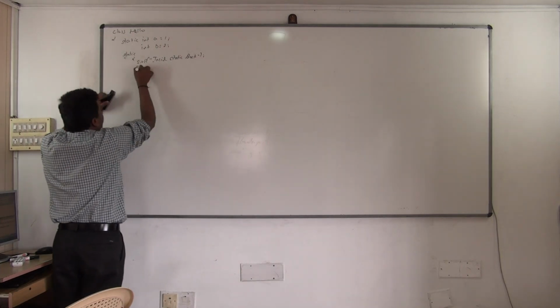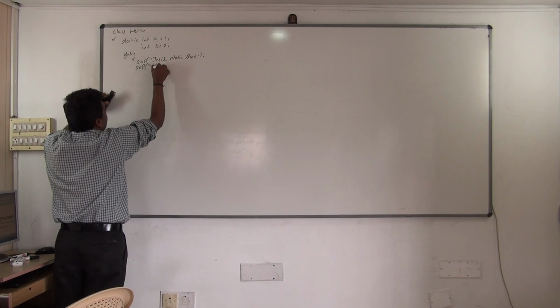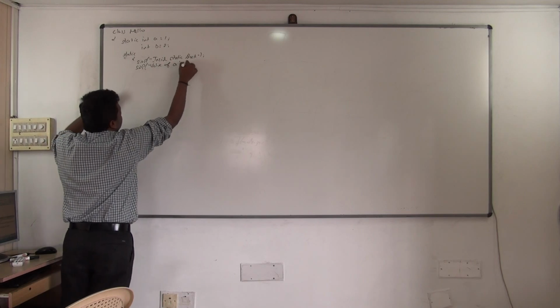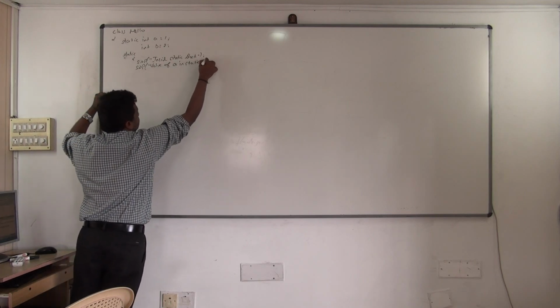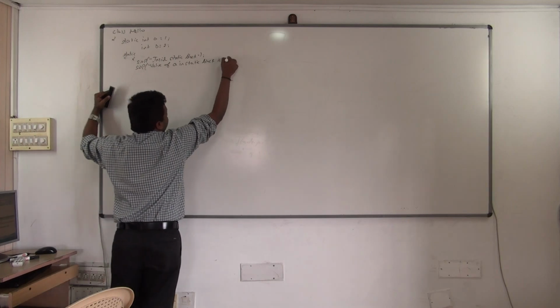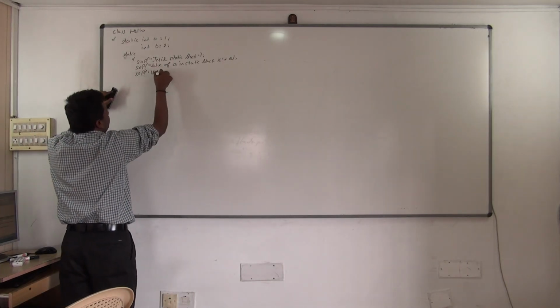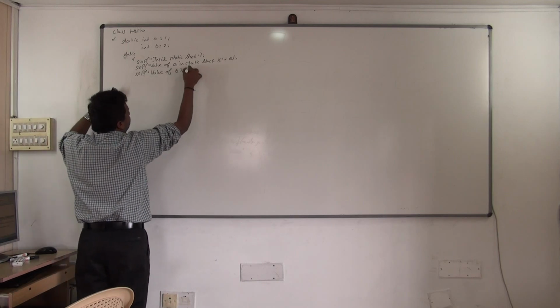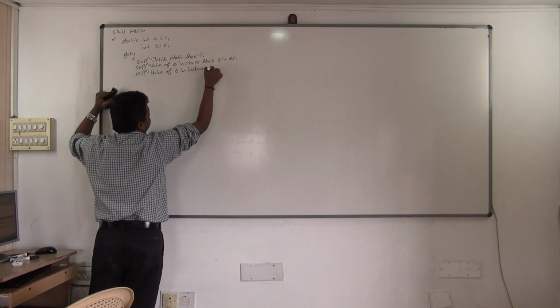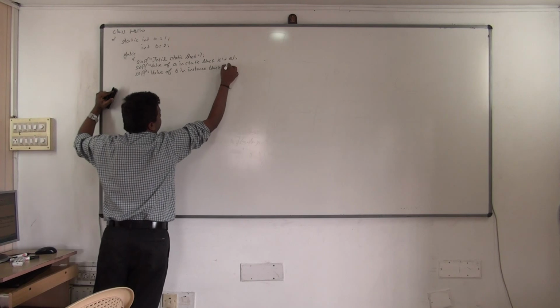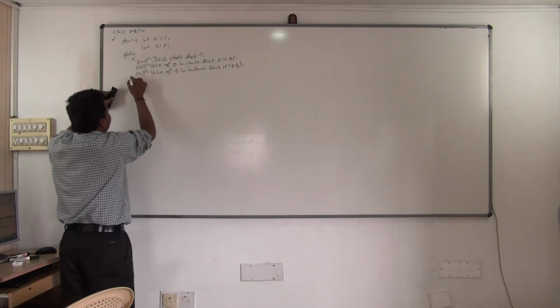When you print, print it very neatly like this: value of A in static block is plus A. SOP value of B in instance block is plus B. So try to print both.